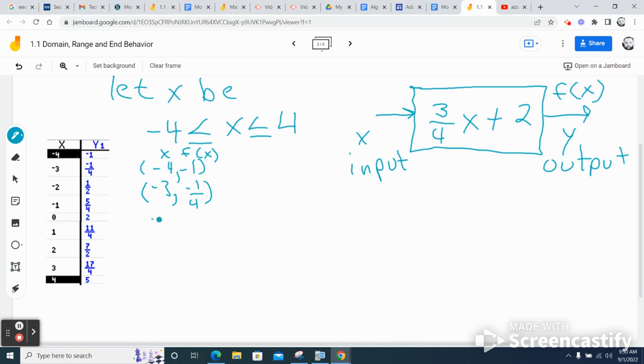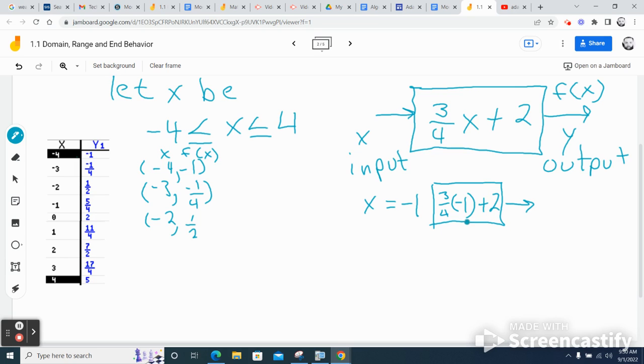And so when x equals negative 2, y equals what? 1/2. And basically what we're saying is I'm going to take x equals negative 1. I'm going to plug that into my function, which is 3 over 4 times negative 1 plus 2.